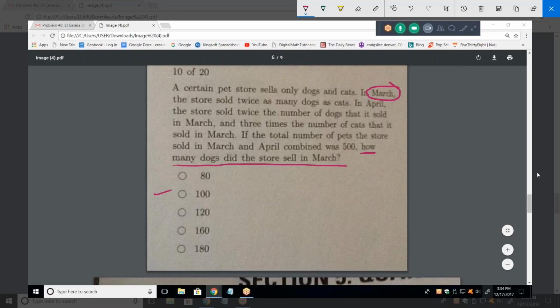Okay, so let's list it. If we sold 100 dogs in March, how many cats did we sell? 100 dogs, you would have sold 50 cats. That's March. In April, the store sold twice the number of dogs it sold in March.